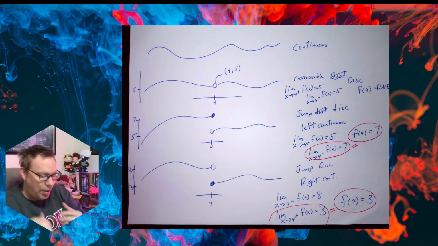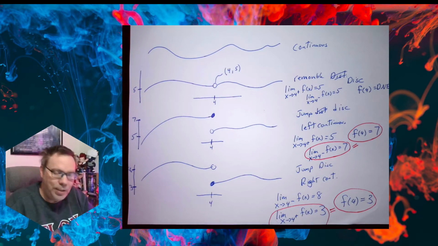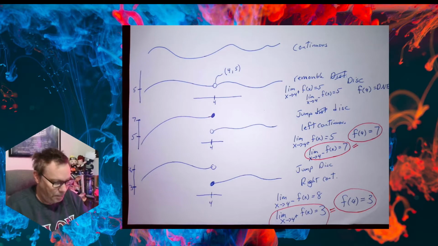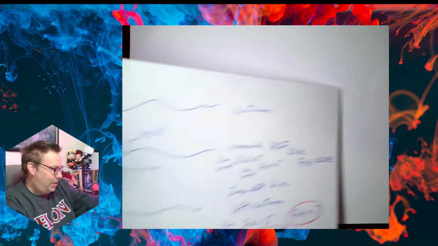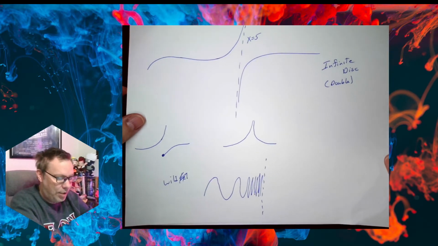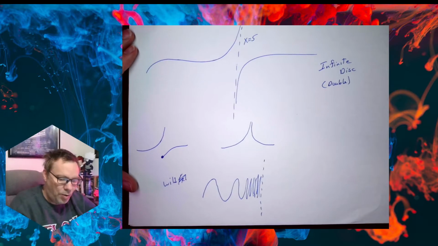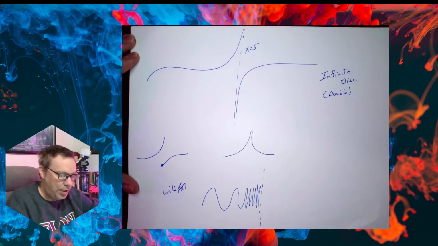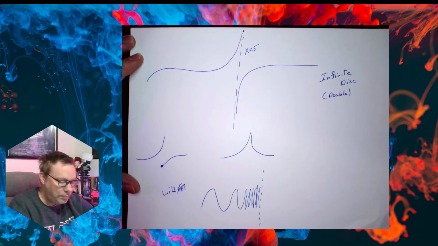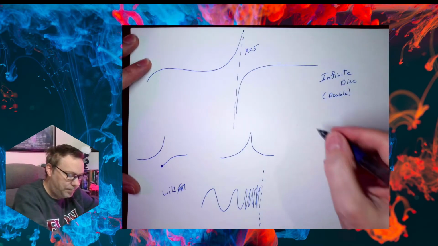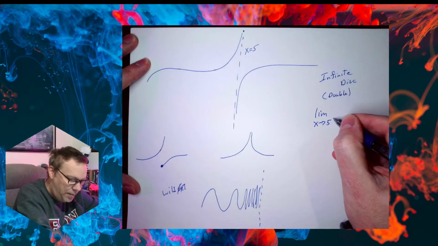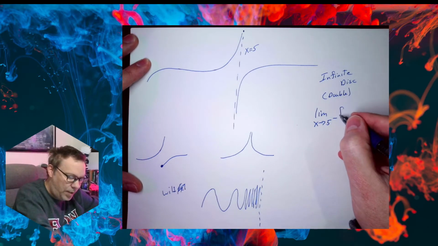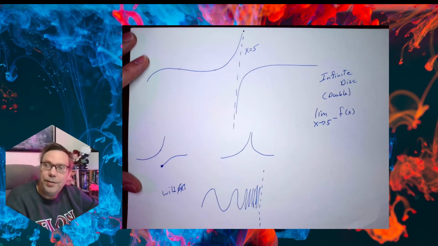So these were the discontinuities in the finite sense. Let me talk about the infinite cases. In a previous video, I had some pictures that looked like this, and I want to talk about the limits of these particular problems. This particular problem: the limit as x approaches 5 from the left of the function, what do you think it is?